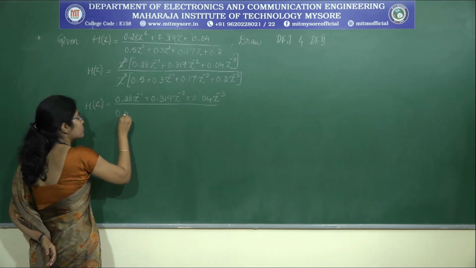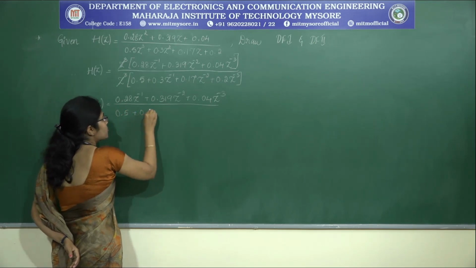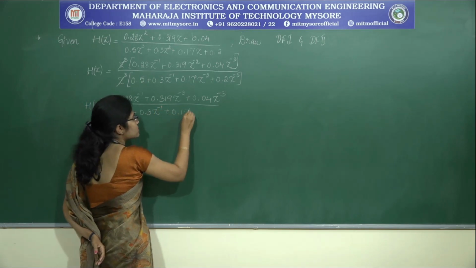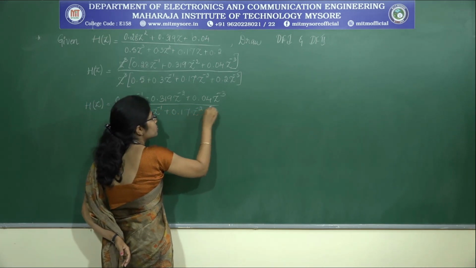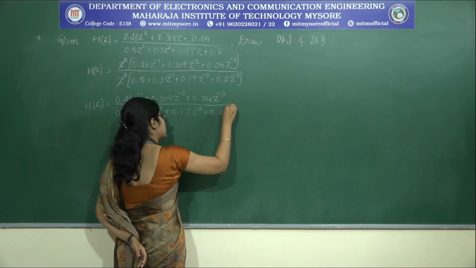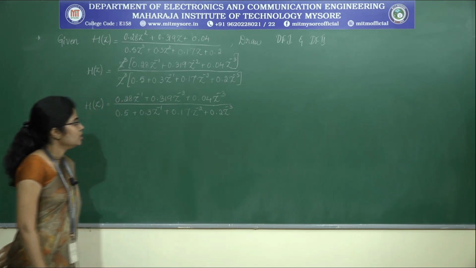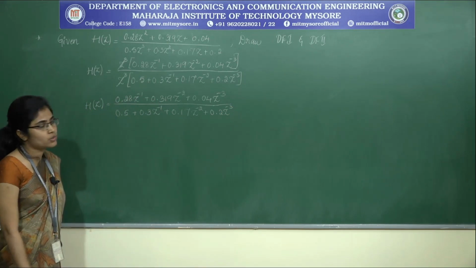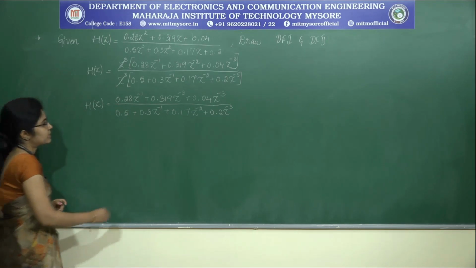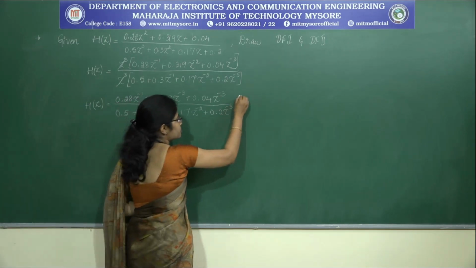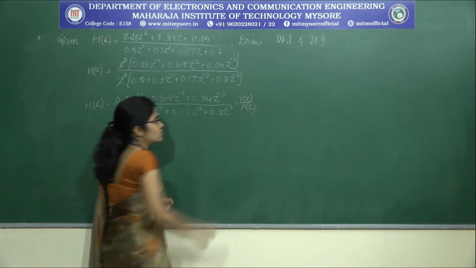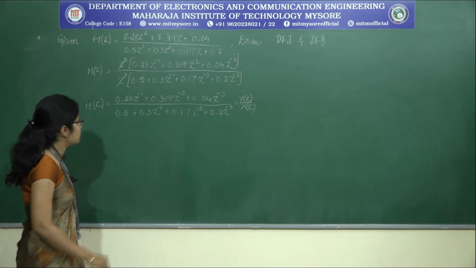It is 0.5 plus 0.3 into z power minus 1 plus 0.17 into z power minus 2 plus 0.2 into z power minus 3. Now what should I do? I should start drawing direct form 1. For that, we all know h of z is nothing but y of z by x of z. In the next step, let us cross multiply and write.